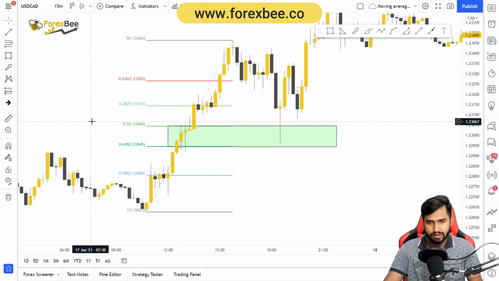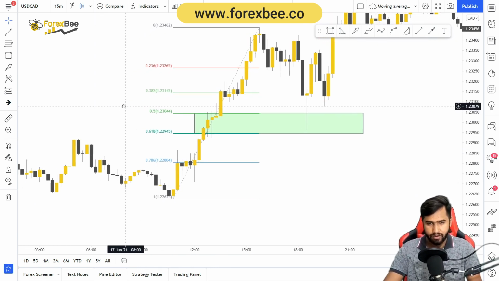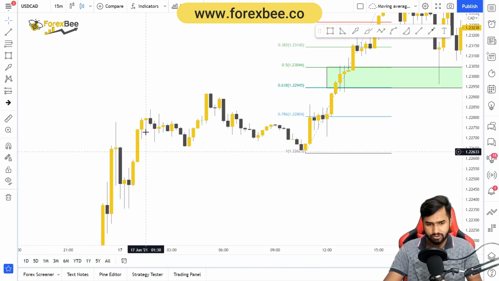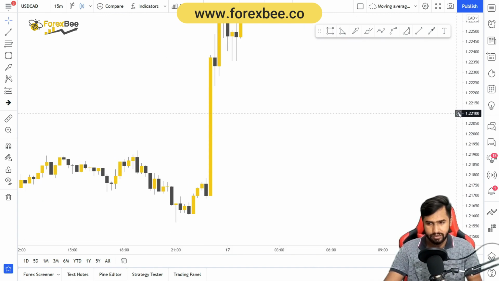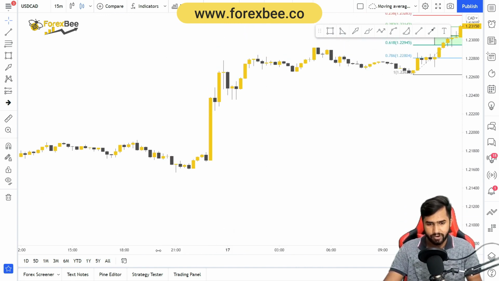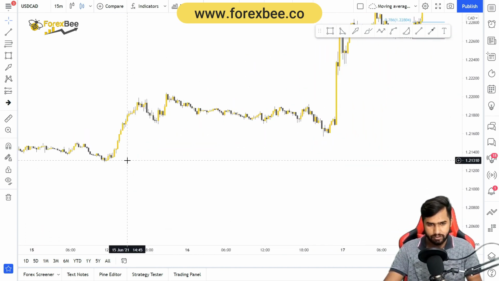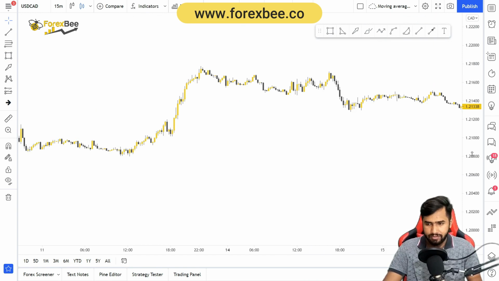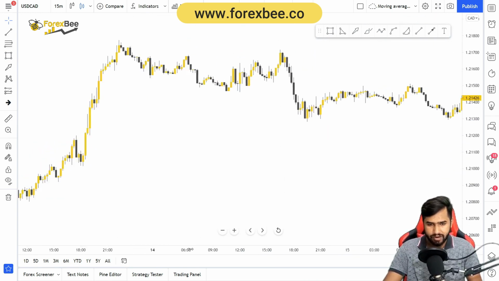Okay, now let's go ahead and see if we can find any other example of our demand zone. So let me just go down to the bottom and see. Let me just zoom out so that we can see more candles. Okay, this one here, again you can see that there is a Rally demand zone.